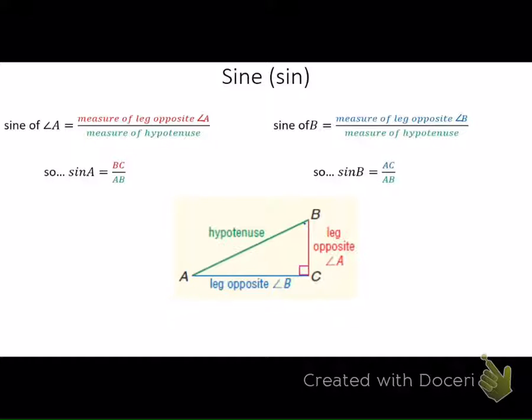So the sine of A is different than the sine of B when you're referencing angle B, because angle B has an opposite leg of AC over AB. Do you guys see how it depends on which angle you're looking at? So it's important you know which angle is your reference angle before you start writing which one is the opposite and which one is the hypotenuse and which one is the adjacent.